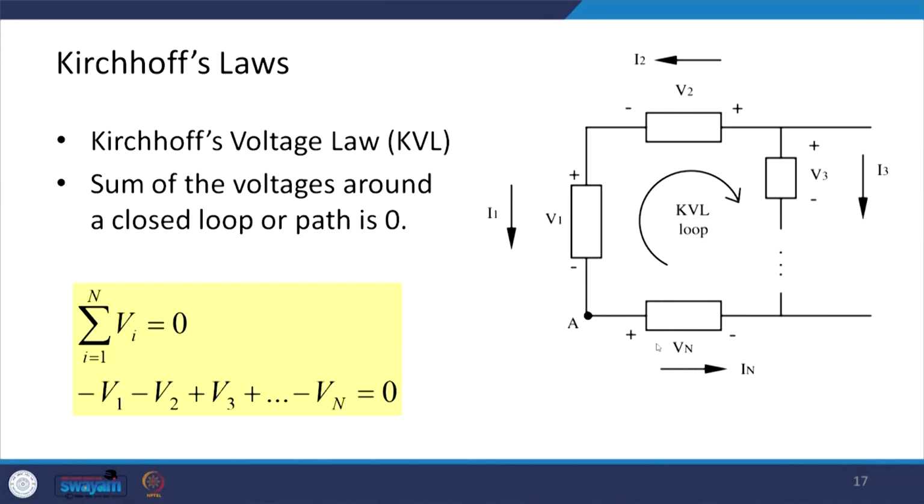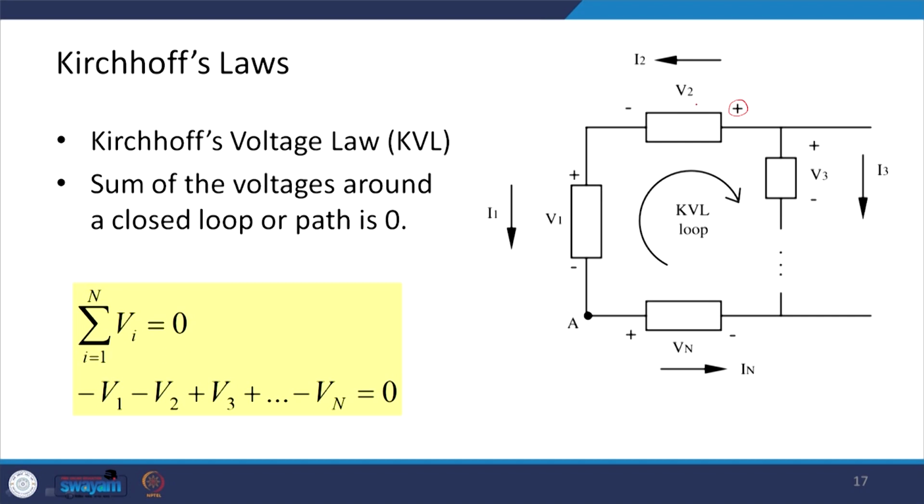So, suppose I have an electric circuit like this. Now, in this electric circuit, basically what we do is assume a direction of current, and for whatever elements come across in that current direction, we can have the voltage drop.